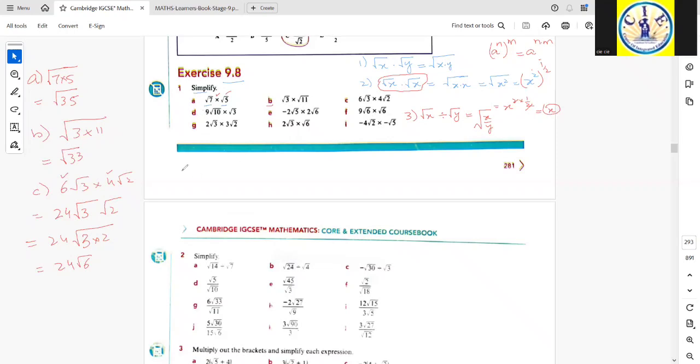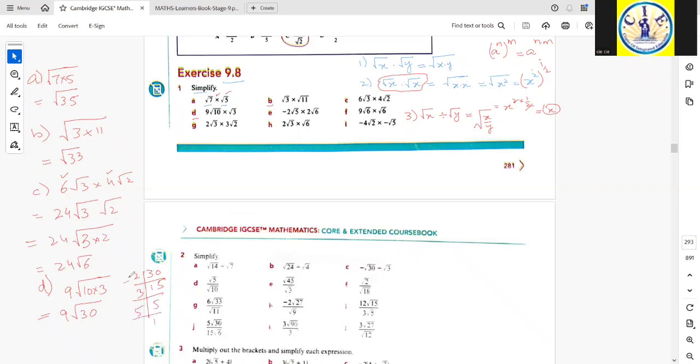In part D, 9 times radical 10 and radical 3 combined under the single radical sign, that will give us 30. And now let's have the prime factorization of 30. 2 15s are, 3 5s are, and 5 1s are.